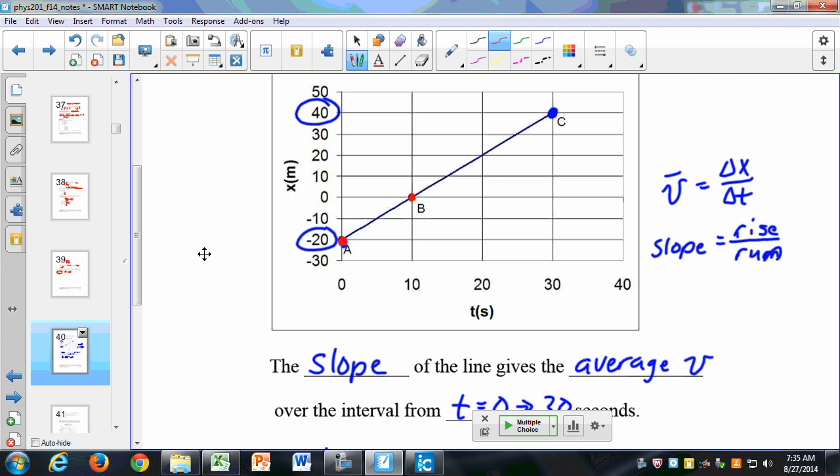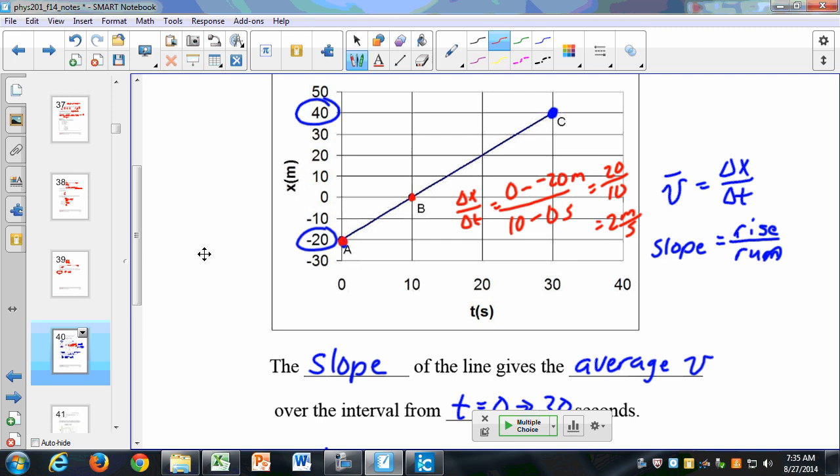It's going to be delta x over delta t, which is 0 minus negative 20, divided by my time, which is 10 minus 0. So this is in meters, this is in seconds. That's going to be 20 divided by 10, or 2 meters per second. All right, so I get the same slope there too, that I did over the longer interval.